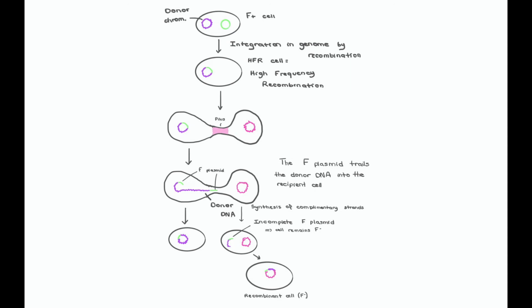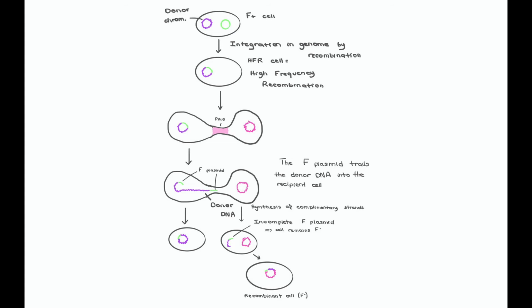The receiving cell now has an incomplete F plasmid and a bit of the donor cell chromosome. So it's got this brand new stuff that's coming into it, but the difference with the other one is that none of it is complete. So we can't call this cell F plus because it doesn't have the entire F plasmid. However, what can happen is that these new pieces of DNA get incorporated into the genome, kind of how we saw at the beginning of the diagram, right?